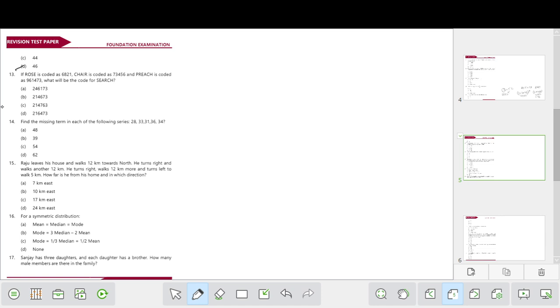Now in some code, Rose is written as 6821, and chair is written as 73456. We need to write search.